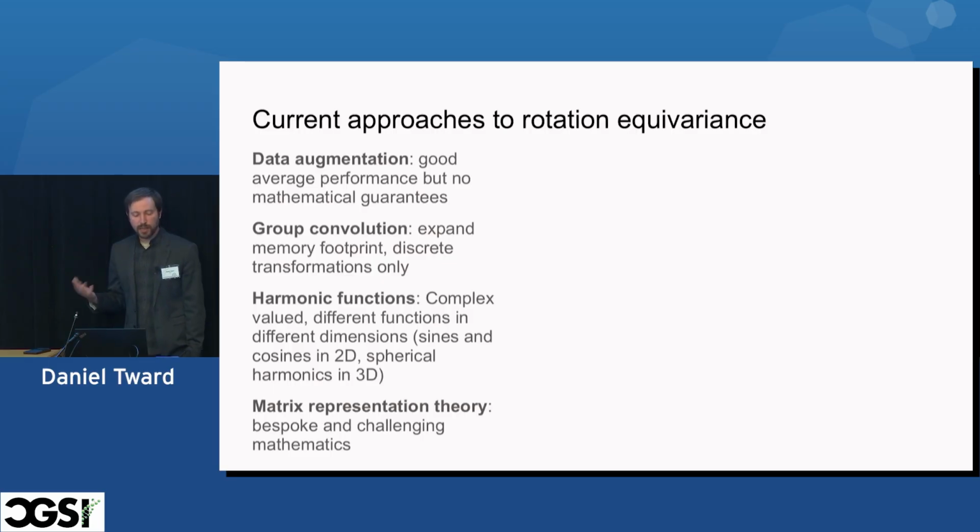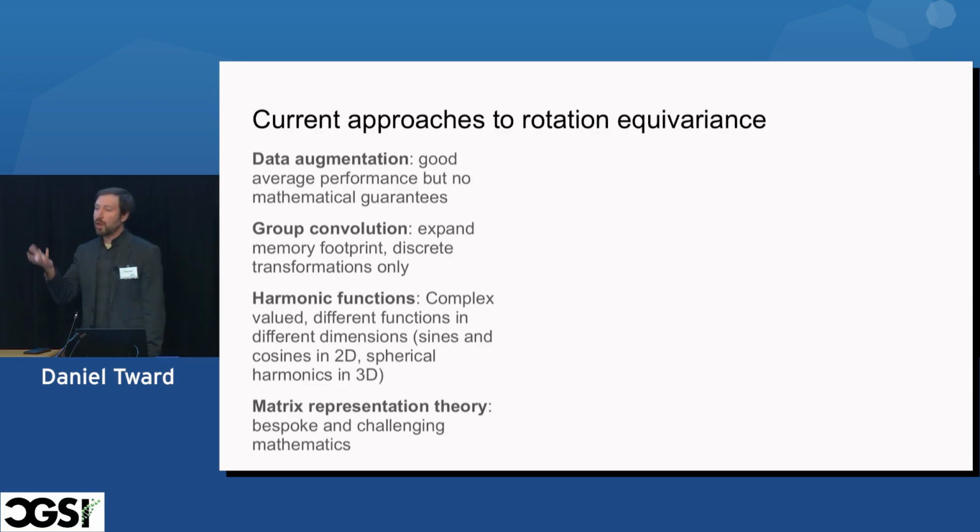Okay, so I said that nobody is doing this, but that's not actually true. There's quite a few people who have tried to do it. It's just not common practice. So here are a few approaches to implementing equivariance to rotations and reflections in image analysis. The first is kind of the naive approach, which is data augmentation. Data augmentation is used a lot in image analysis.